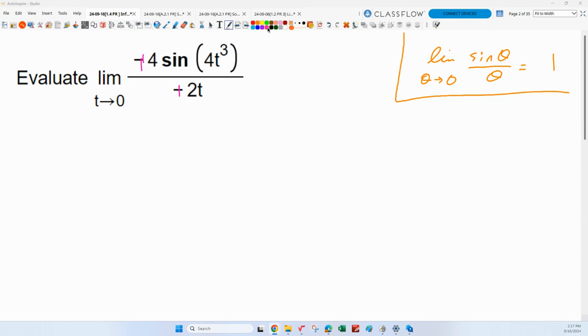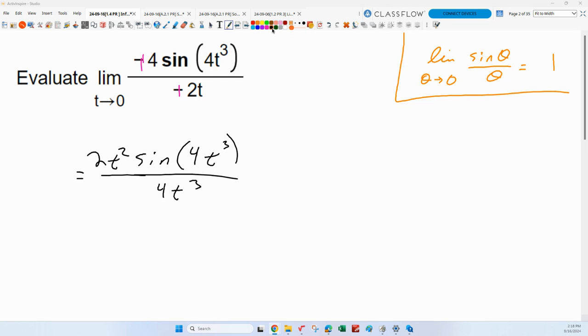So this is the limit of sine of 4t cubed over, on the bottom, 4t cubed. To get that, I had to multiply top and bottom by 2t squared, right?